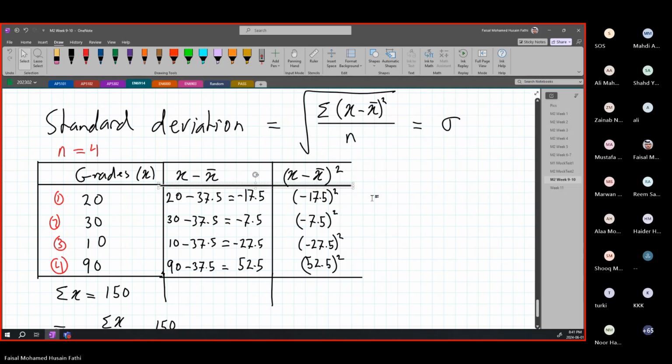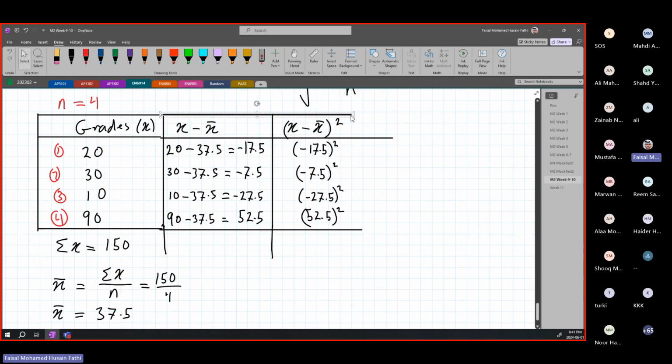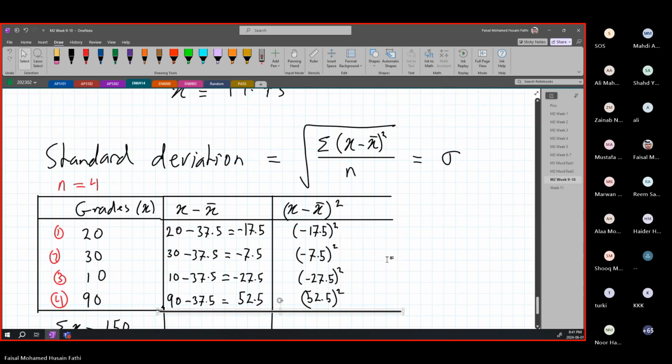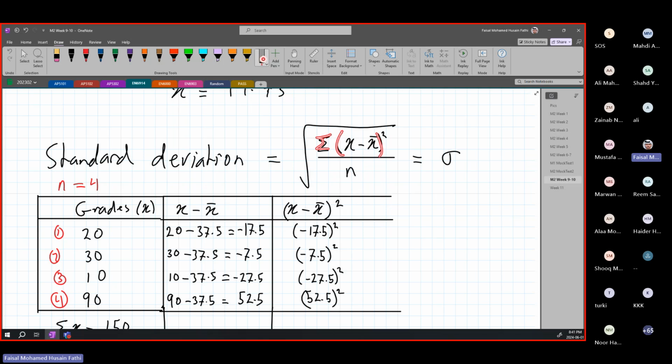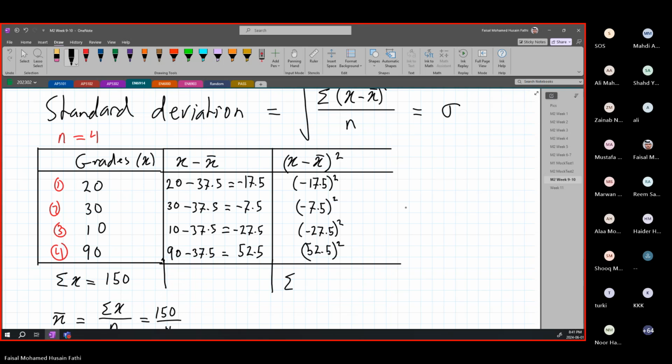Once you do that, now we can finally sum them all up, which is similar to this equation. This is the whole idea. So we find the sum of x minus x bar squared, which is equal to adding all of these values together.